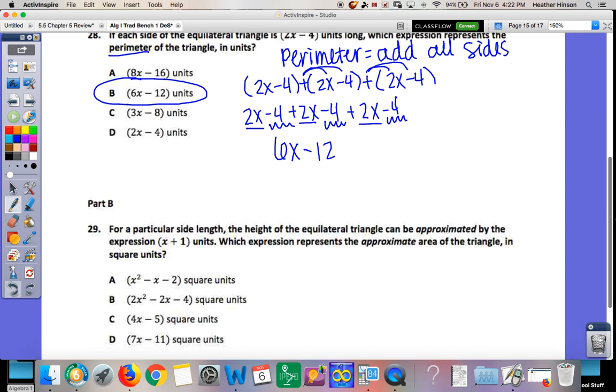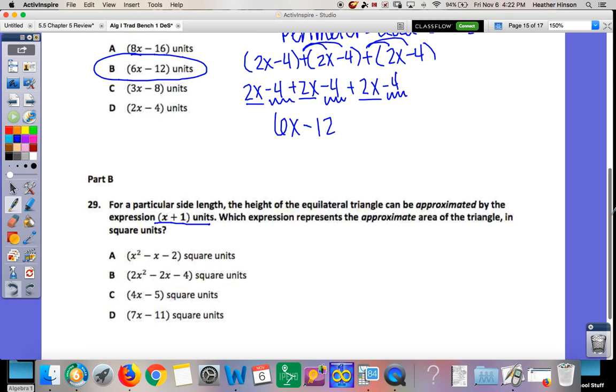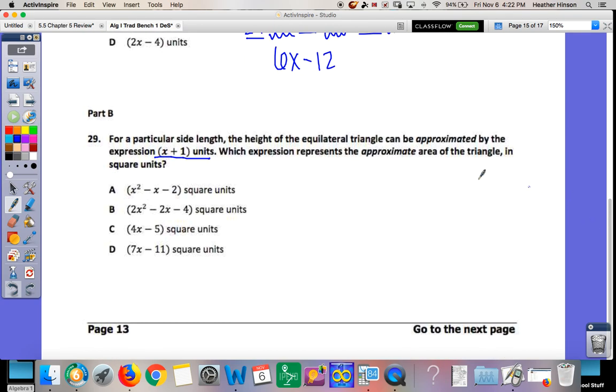Okay, part B. For a particular side length, the height of the equilateral triangle can be approximated by the expression x plus 1 unit. Which expression represents the approximate area of the triangle in square units? How do we find area? Area is going to be 1/2 base times height.